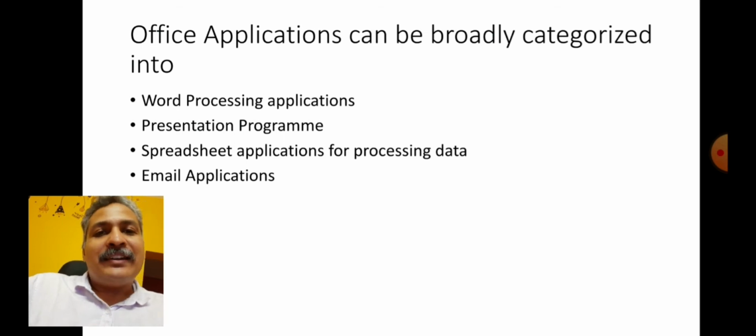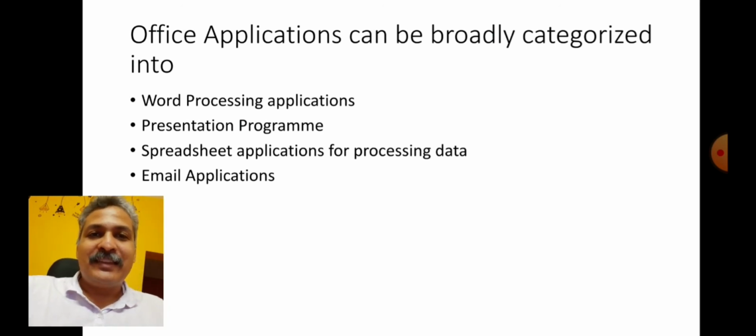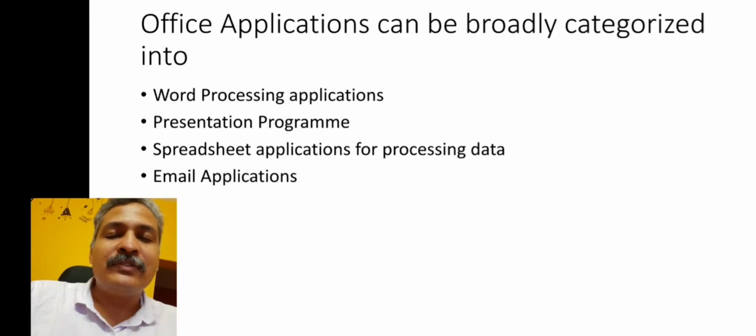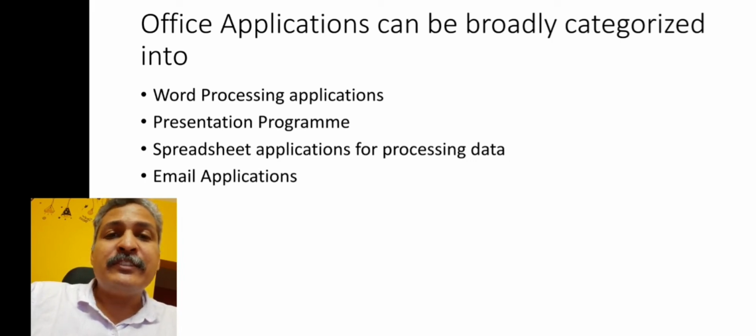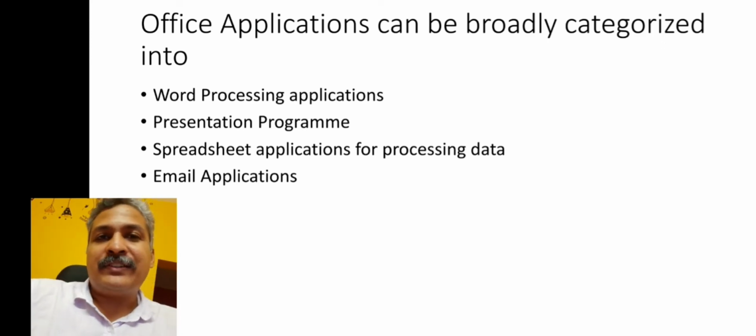The third one is a spreadsheet application which is used for processing data. As you know, most often it is used by the user to analyze data, to extract data from a bigger data set, etc. So it is much more efficient in particular functionalities which cannot be offered in a word processing application like Microsoft Word.